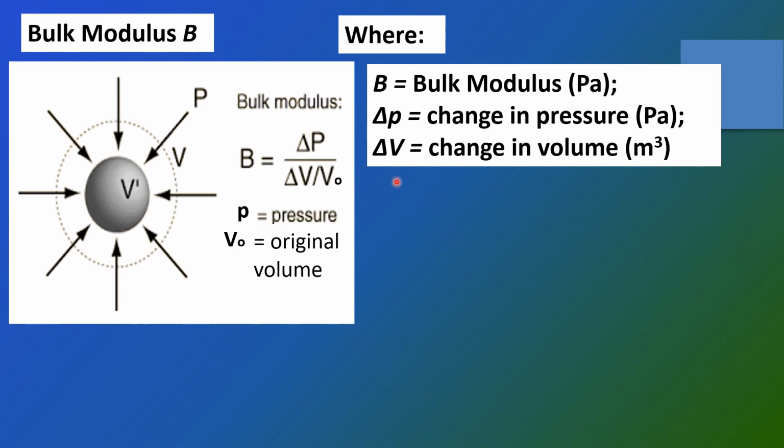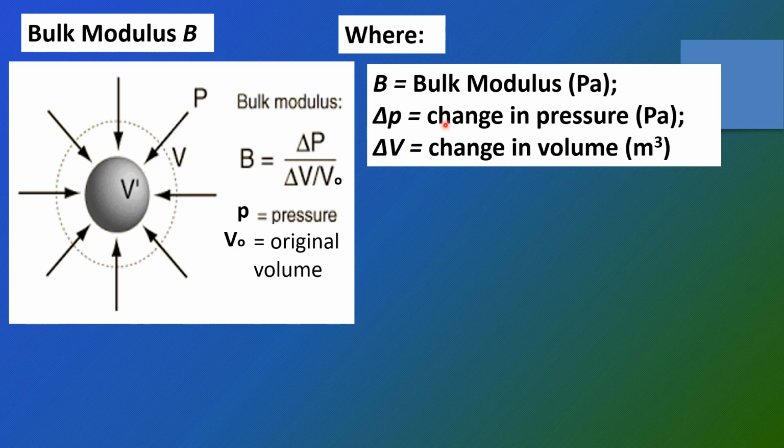And since, based on the formula for bulk modulus, change in volume delta V divided by the original volume V, the corresponding strain, or what we call volumetric strain, will have no specific unit because the unit for delta V and the unit for V simply cancel out.